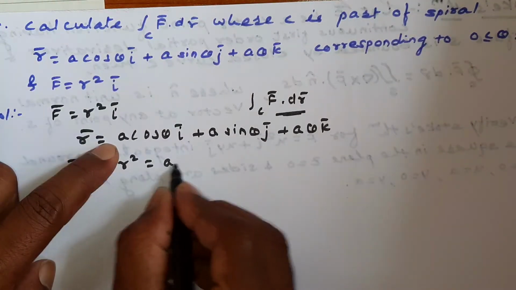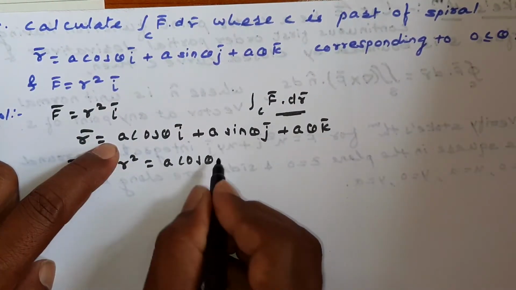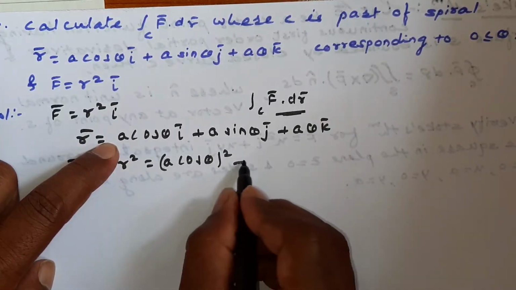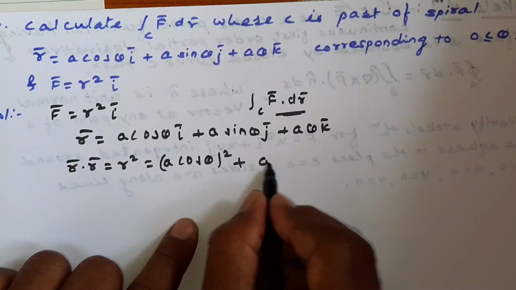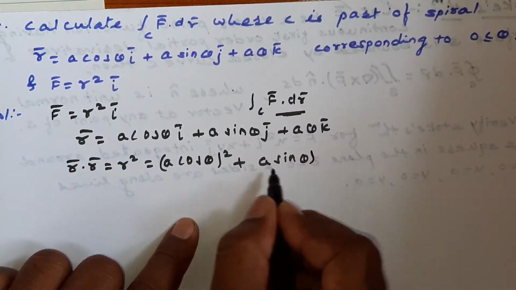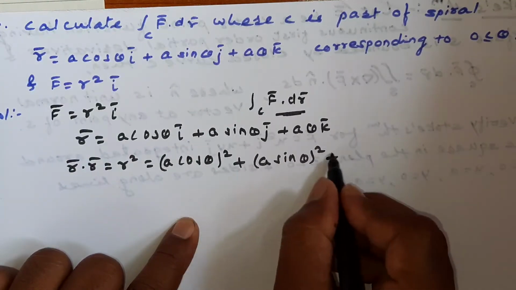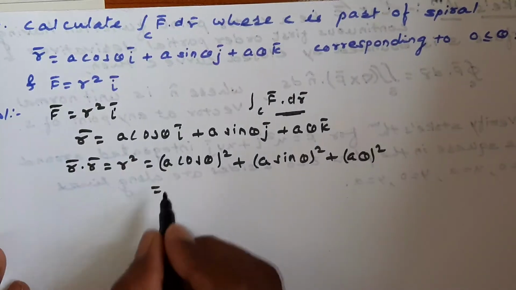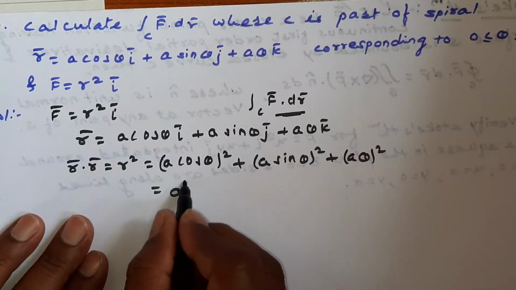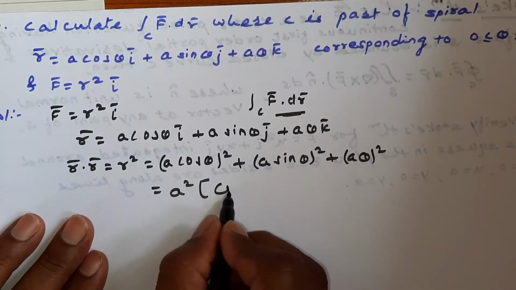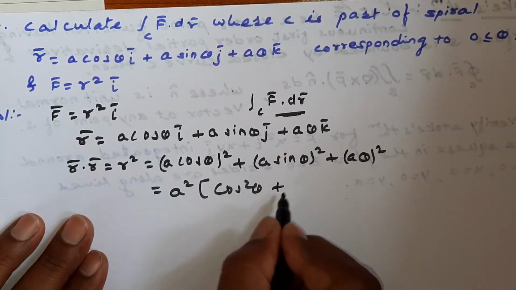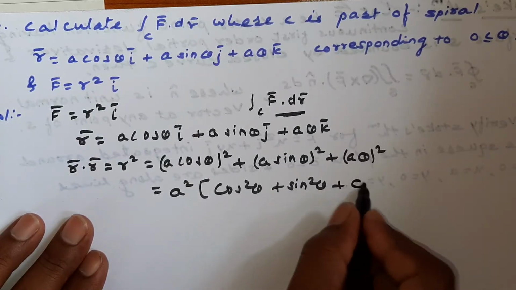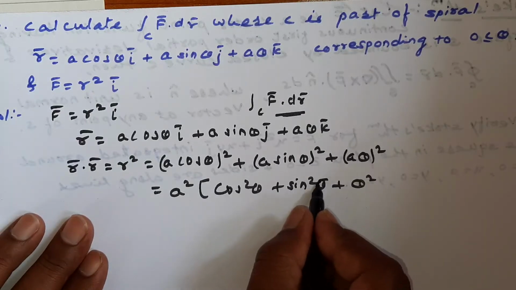A cos theta into a cos theta, so a cos theta square, plus next one a sin theta square, plus a theta square. So I get a square in bracket, cos square theta plus sin square theta plus theta square.